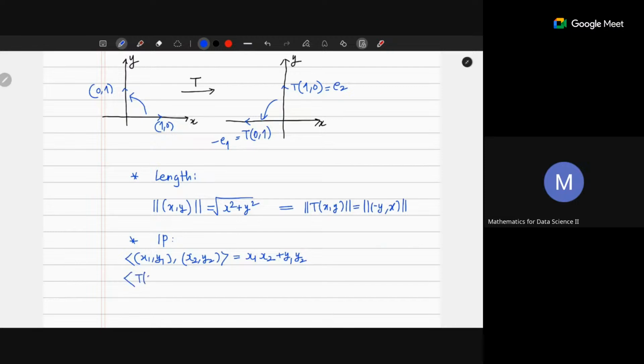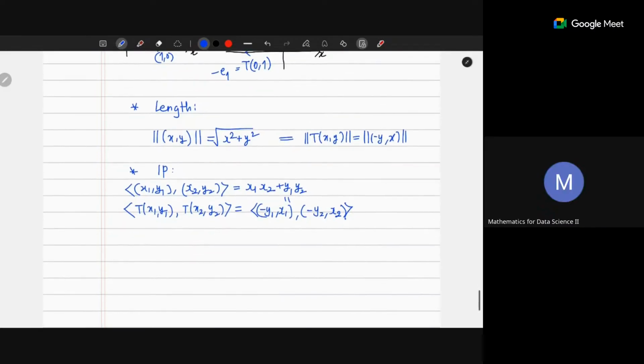Now if you take the images of these vectors under T and find their inner product, what would it be? It is y1 y2 plus x1 x2. Same thing, right?